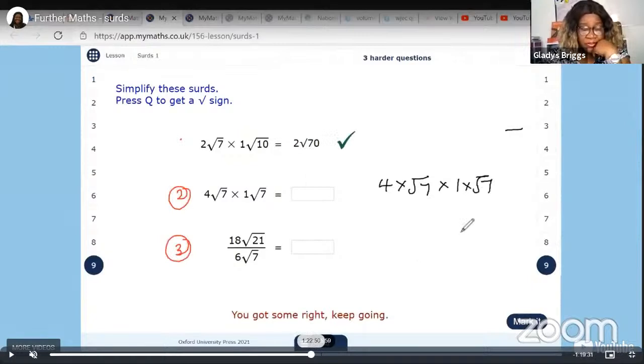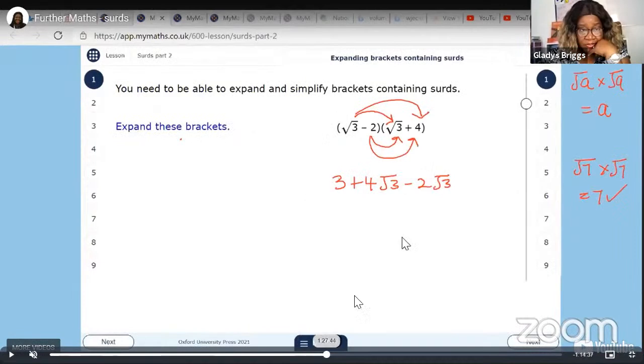Okay, we also had a look at expanding brackets with surds. Yeah, so we did that example.